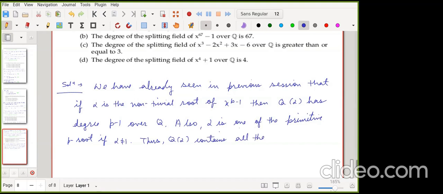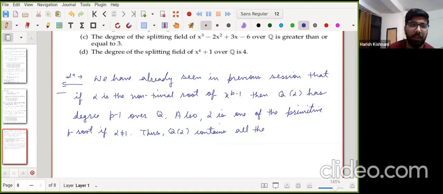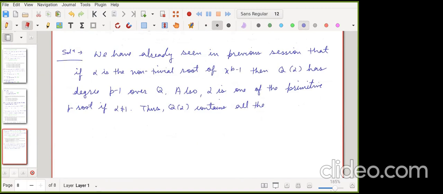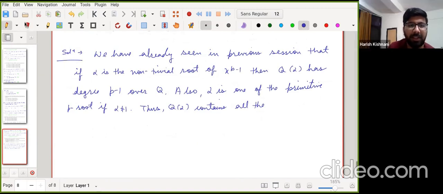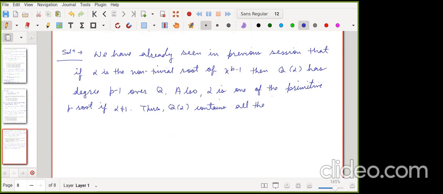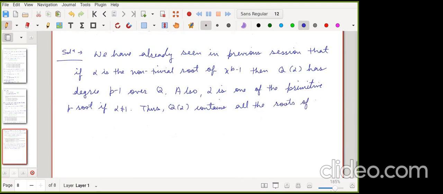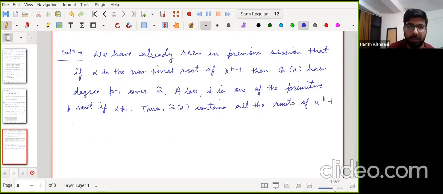Yes, primitive roots of unity. You want me to write that also? The pth roots of unity. That is clear, right? So thus Q(alpha) contains all the roots of x^p minus 1, and it is the smallest field containing Q and alpha.